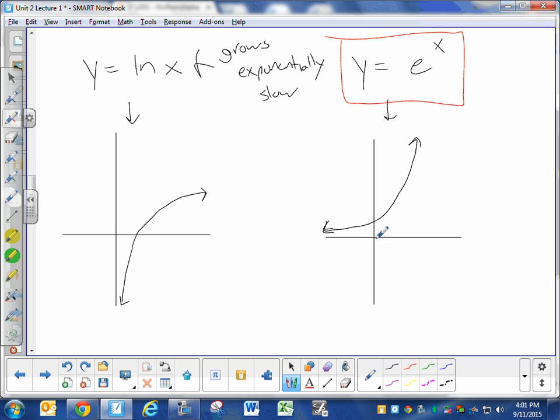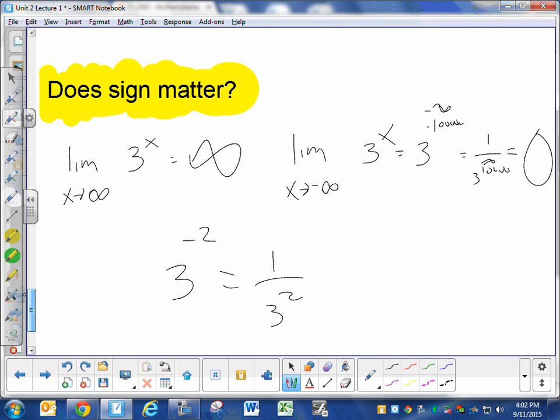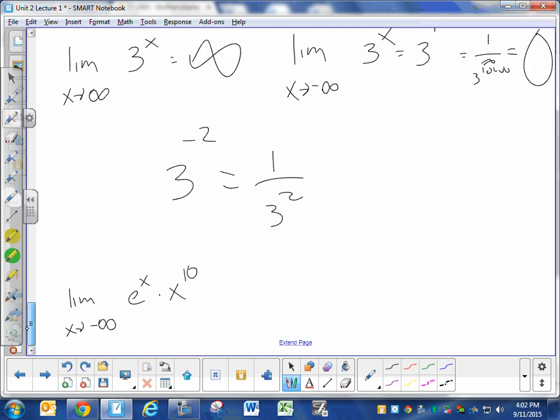Well, if I go to the right, my function increases, and the limit as x approaches positive infinity is infinity. But if I go to the left on my x-axis, what is e to the x doing? It's getting closer and closer to 0. Okay, so sign does matter with numbers to a variable power.